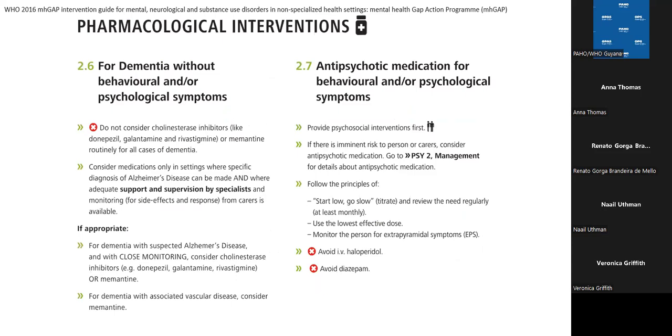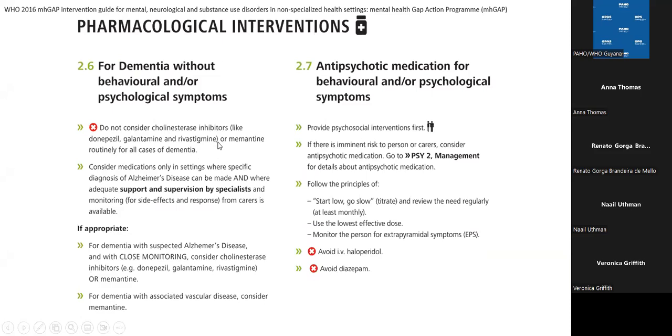Here we have some guidance for pharmacological intervention. You can find it in the WHO documents available. But what is most important here, do not consider cholinesterase inhibitors or memantine routinely for all cases of dementia.